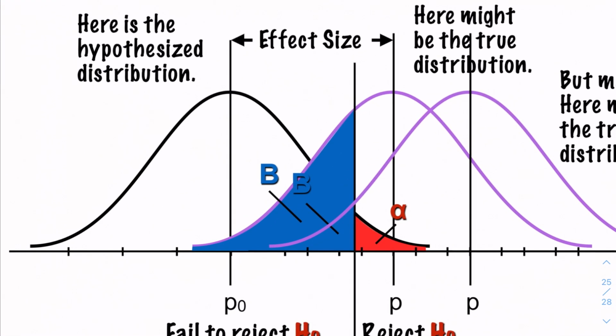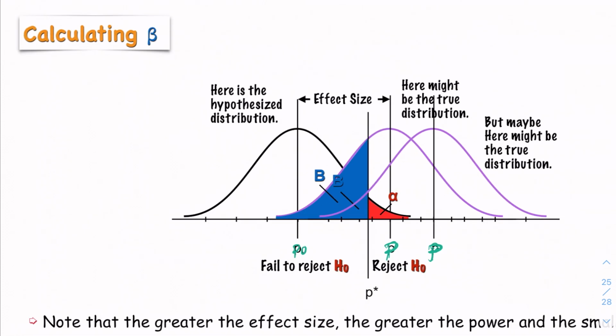So here, again, is our picture. Here is our null hypothesis. Here is our true p-value. Well, here also could be our true p-value. You can see that if we reject the null, there's plenty of places p could be. But that also gives you all of these areas underneath the curve, which we're calling the beta value. So here's the hypothesized distribution.